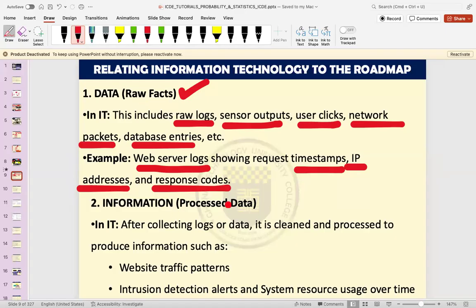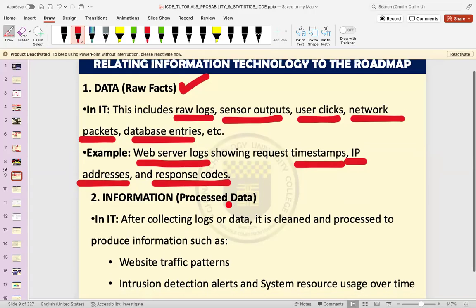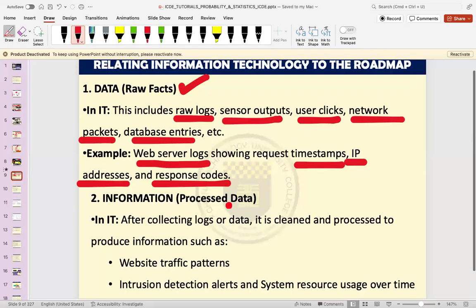Information is processed data. So how do you see that one also in IT? Okay, so in IT, anytime you collect logs or data, it is cleaned, processed, and it is used to produce information.